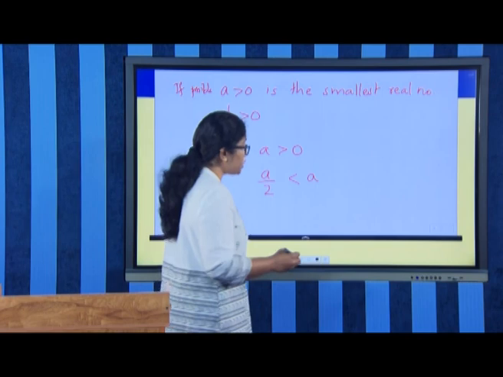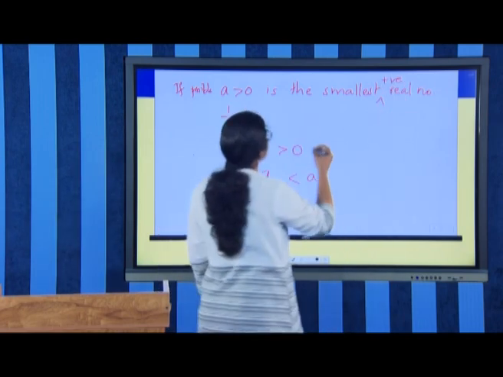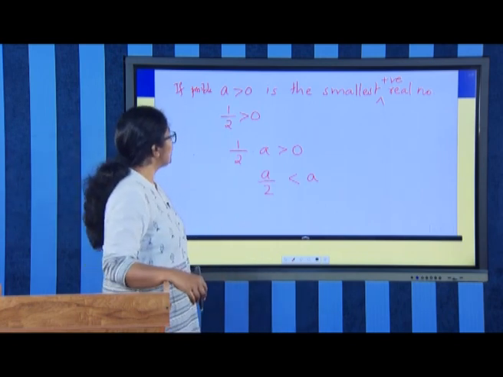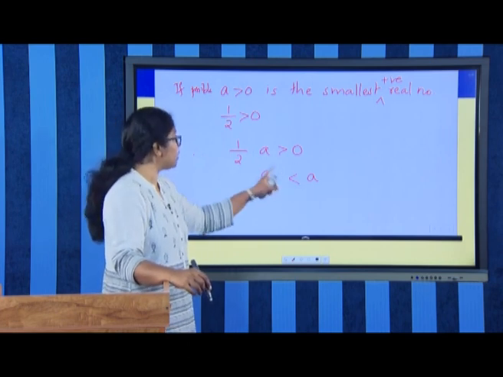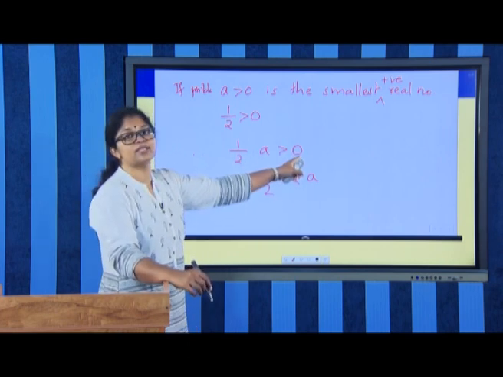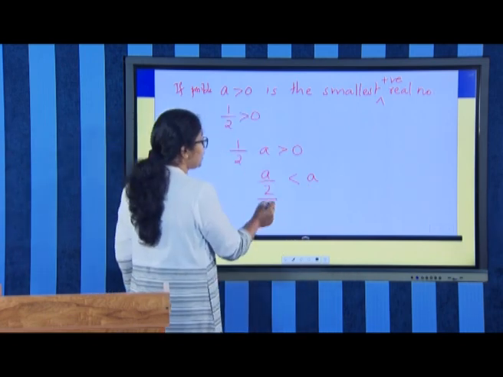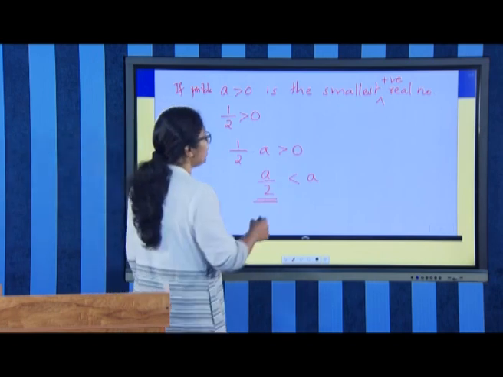So, we have assumed that A greater than 0 is the smallest positive real number. Now, you have A by 2 which is less than A, but A by 2 is greater than 0, which is already proved. So, we have a smaller positive number than A, which is a contradiction.